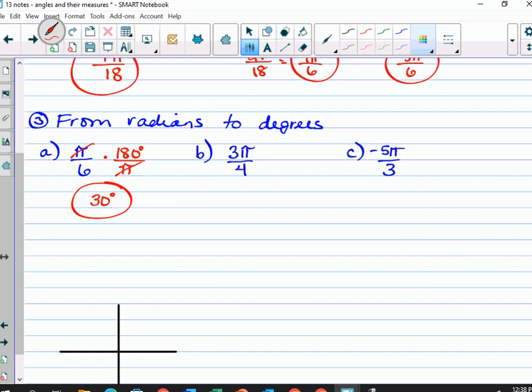Can you cross out pi because like it's 3 pi over pi? That doesn't work, right? 3 pi over pi? Yeah, you can't cross out pi, right? You can? Like 3x over 2.